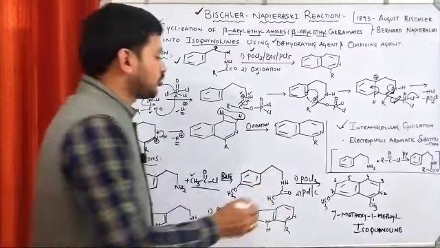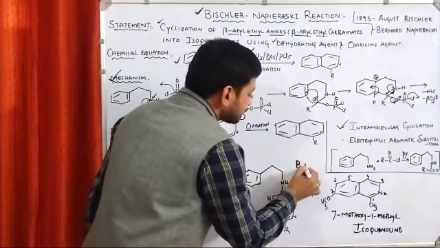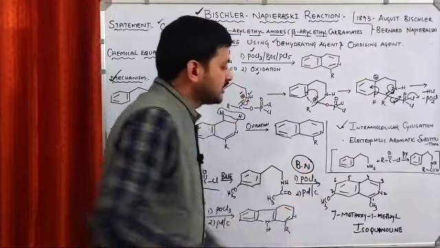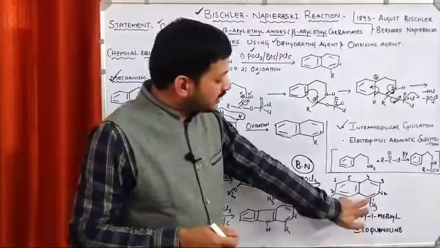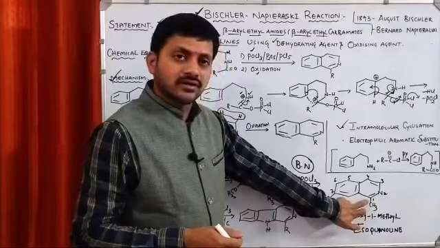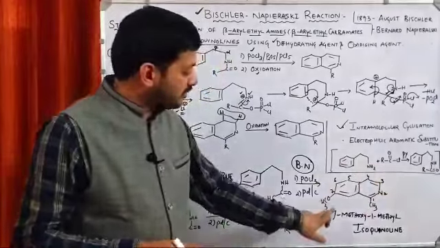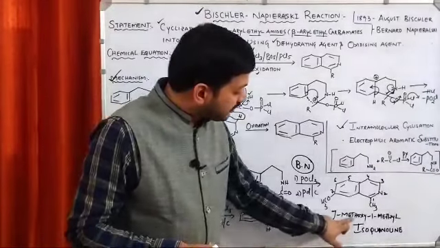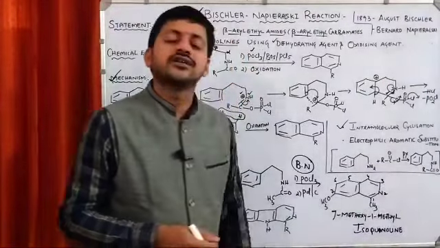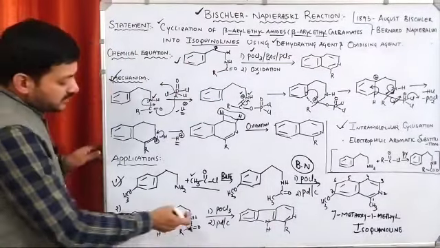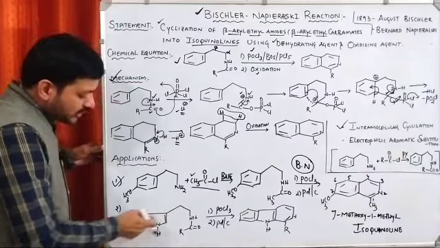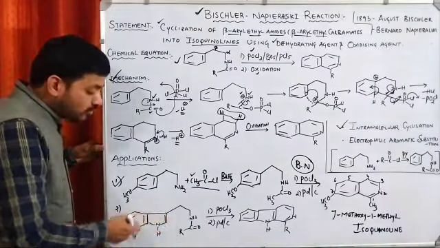This one is subjected to the BN reaction. These kinds of products will be formed. If you see, the numbering is starting from this carbon. So according to the numbering, what is the name of the compound? 7-methoxy 1-methyl isoquinoline.